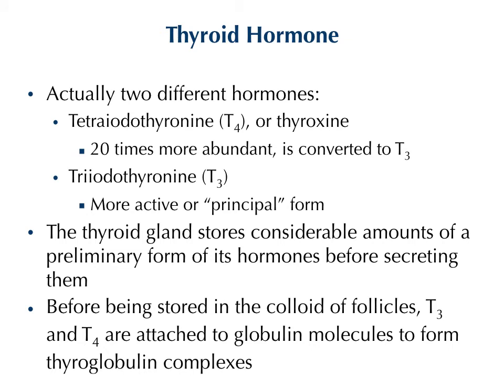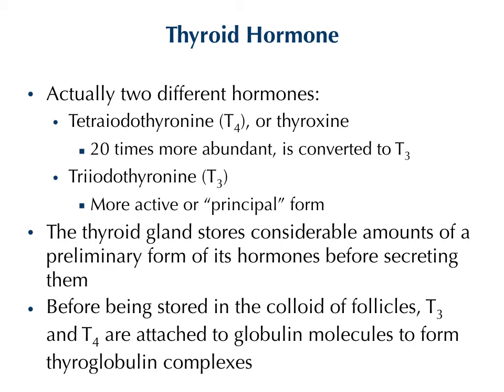Thyroid hormones are derivatives of the amino acid tyrosine, covalently bound to iodine. The two principal thyroid hormones are thyroxine, or T4, tetraiodothyronine, or triiodothyronine, T3. Most of the thyroid hormone secreted from the thyroid gland is T4, but T3 is considerably more active.